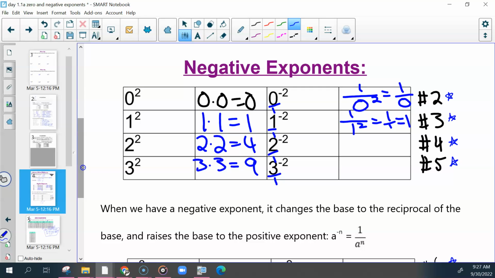So if I take this and I flip it, it becomes now 1 over 2 squared. And we know 2 squared is 4. So it's really like I took the end result of 2 squared and flipped it. So all of these answers, if you have numbers, are going to be fractions. So what do we think 3 to the negative 2 would be? 1/9.